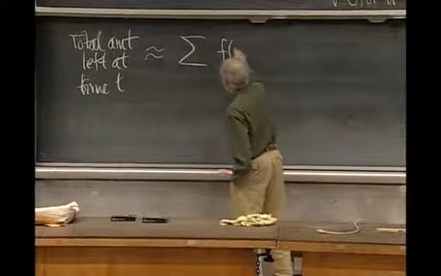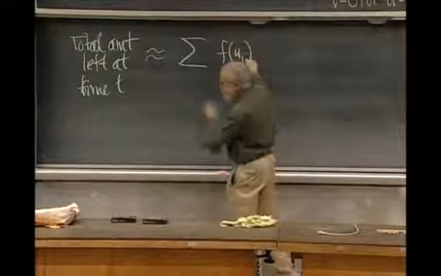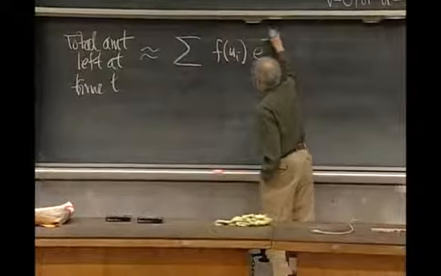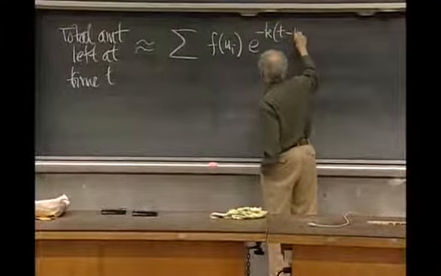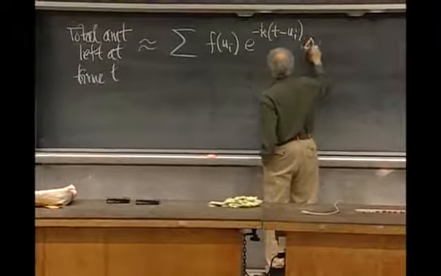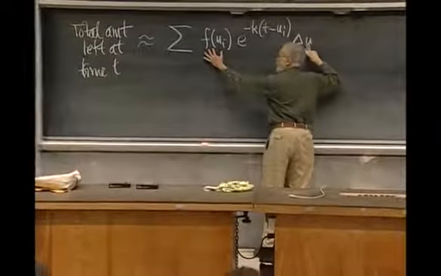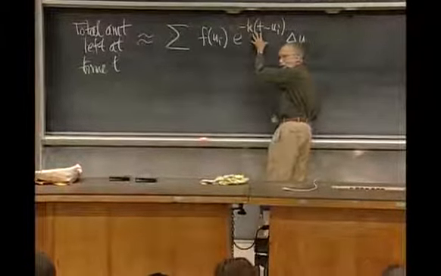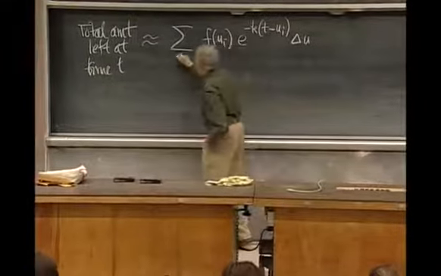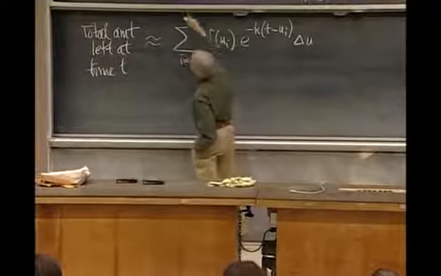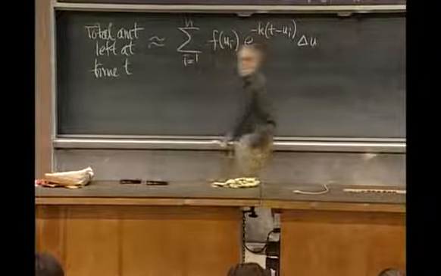So it will be f of ui, I'll save the delta u for the end, times e to the minus k times t minus ui, times delta u. So these two parts represent the amount dumped, and this is the decay factor. And I add those up as i runs from 1 to n, let's say.